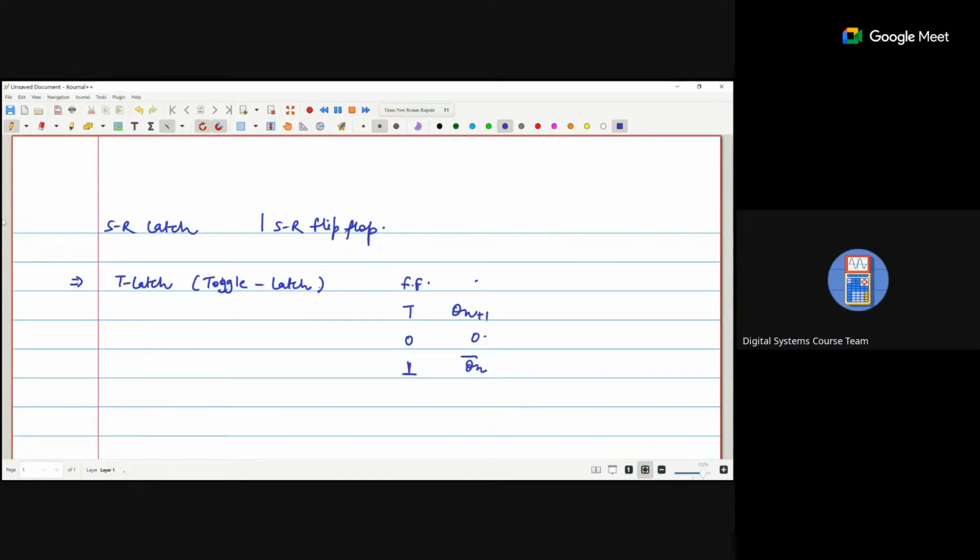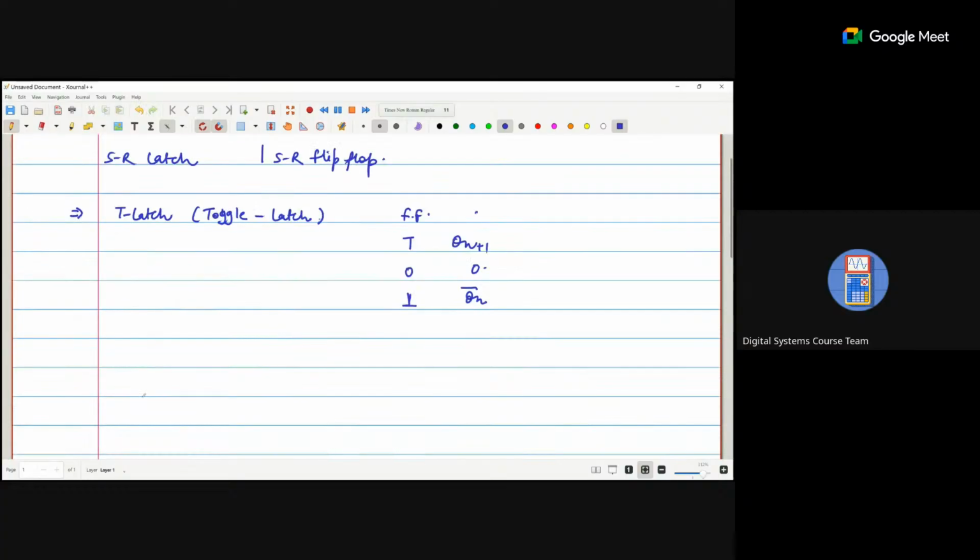With the help of JK, you can easily understand. It is not 0, it is Qn. So we can design this T with the help of D and also with the help of JK. We already discussed the JK and D flip flops.